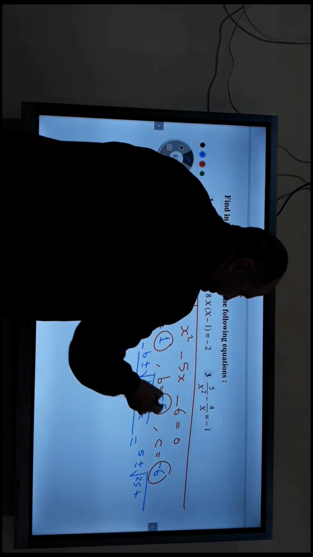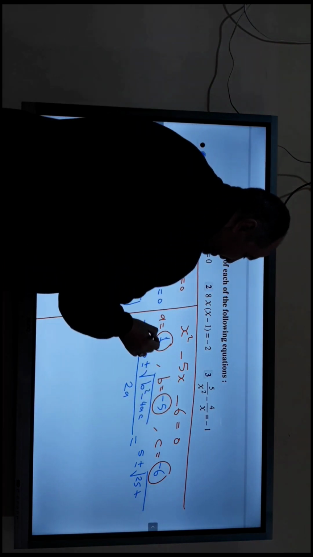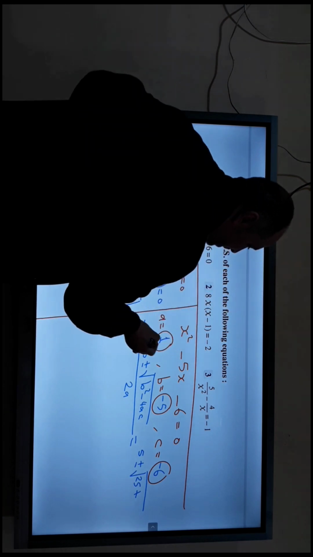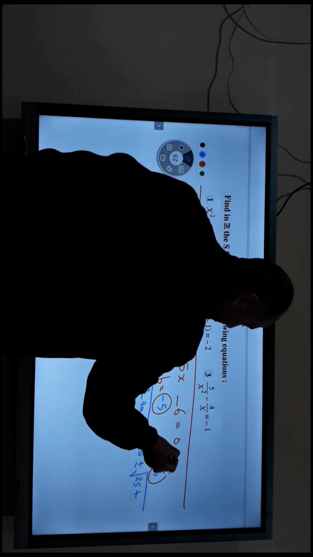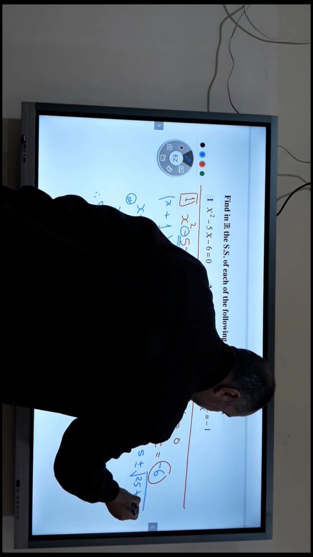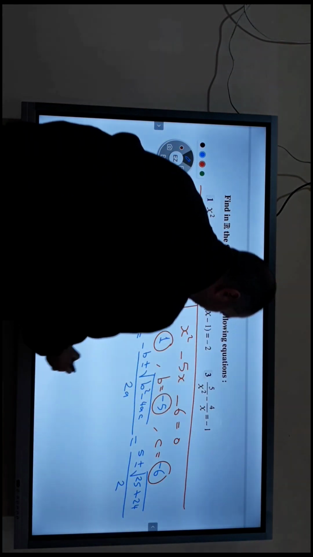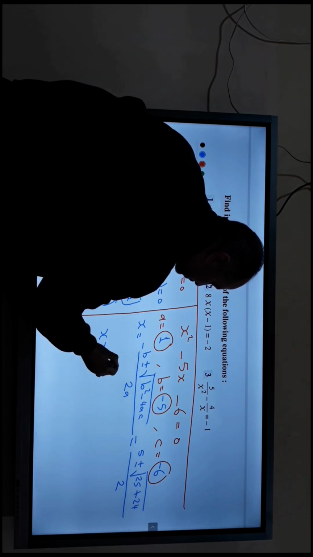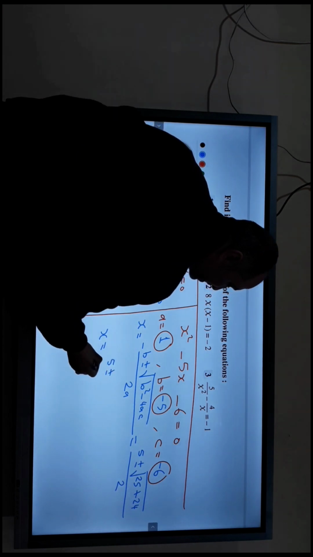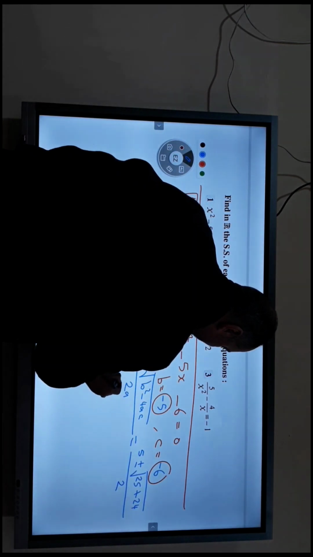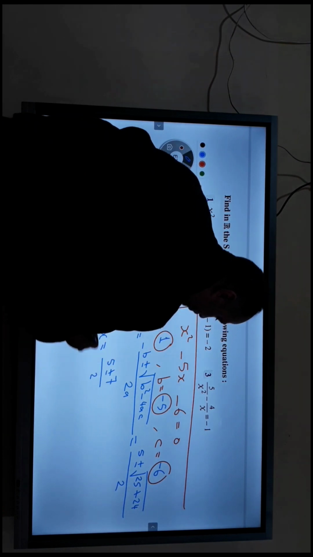But if they are the same signs, it's still negative. Now 4 times 1 times 6 is equal to 24, over 2a. So x is equal to 5, positive or negative, root 49 equals 7, over 2.